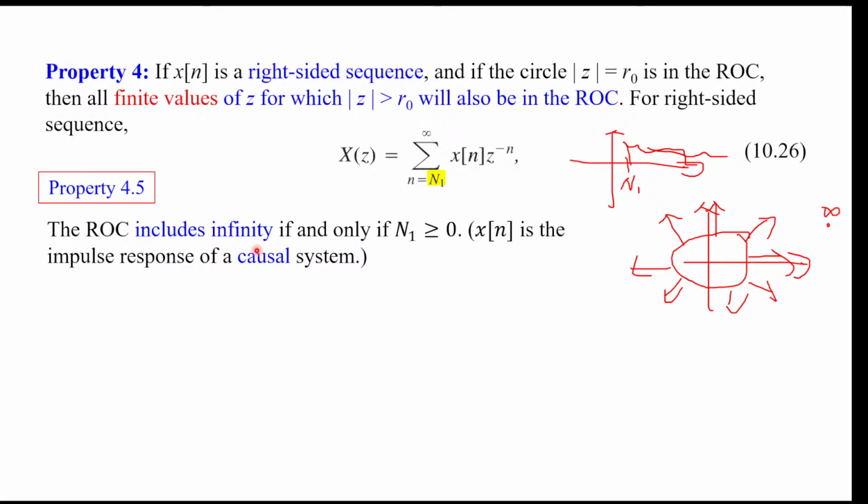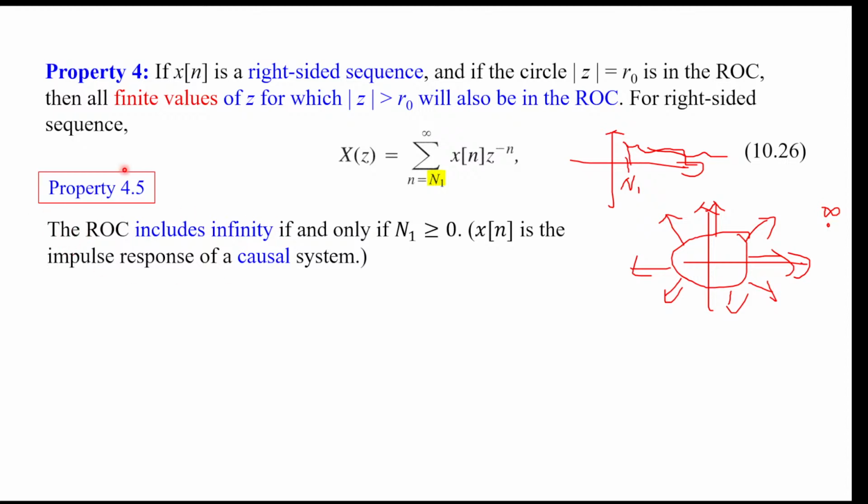And this case is also kind of special, because if x of n is actually h of n, the impulse response of something, then n1 greater or equal to 0 is equivalent to h of n being the impulse response of a causal system. So only when your system is causal will the ROC of the system function include infinity.